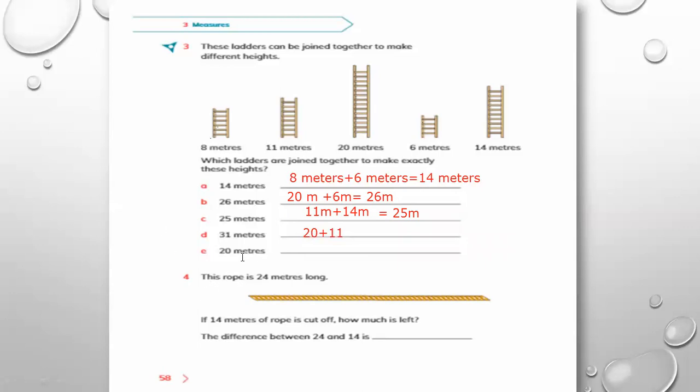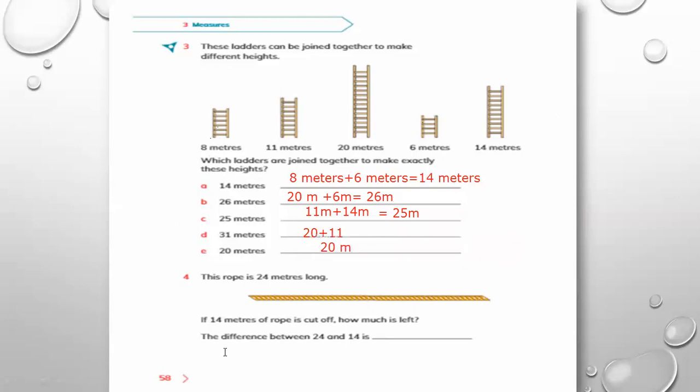This rope for 20 meters, we can take exactly 20 meters rope ladder, sorry, or we can add 3 ladders to make 20, like 11 meters. No, so we have to just use 20 because we don't need to add the ladders. Already we have 20 meters ladder.